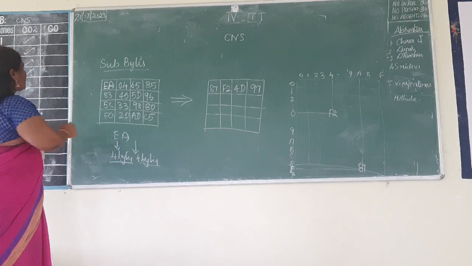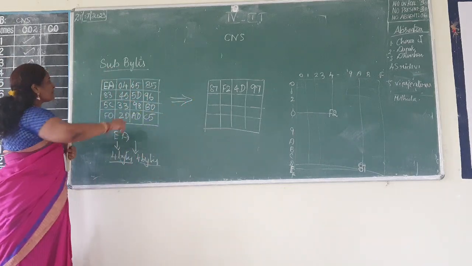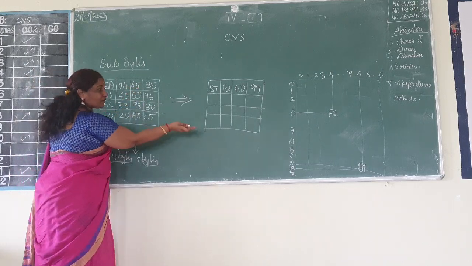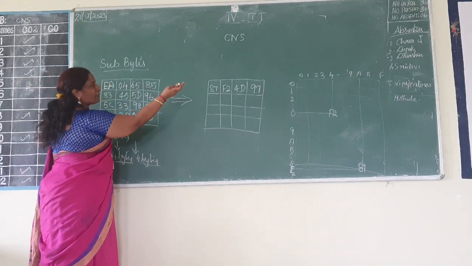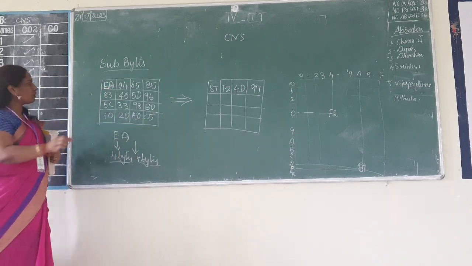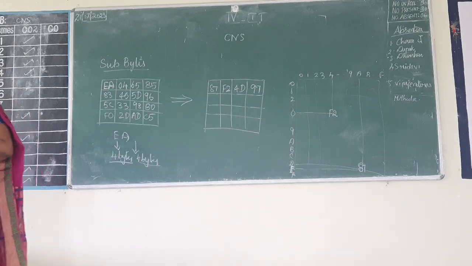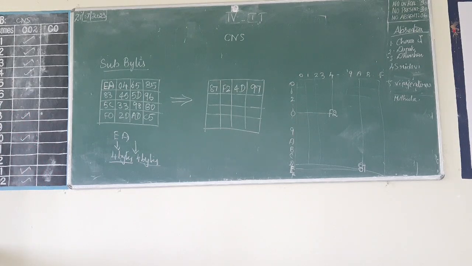So 0, 4 is replaced by F2. Similarly, 6, 5: row number 6, column number 5 will be having the entry 4D. So the 6, 5 will be replaced by 4D. This is how substitution bytes take place.